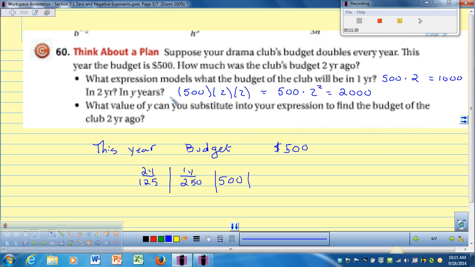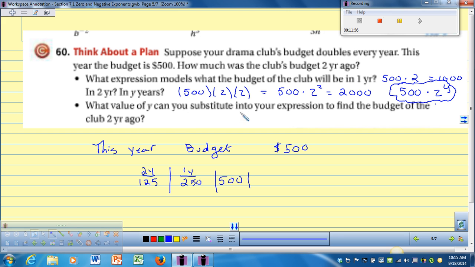Good. And then in y years, we'll have 500, not a number but y, times 2 to the y. So that's the model for what's happening here.